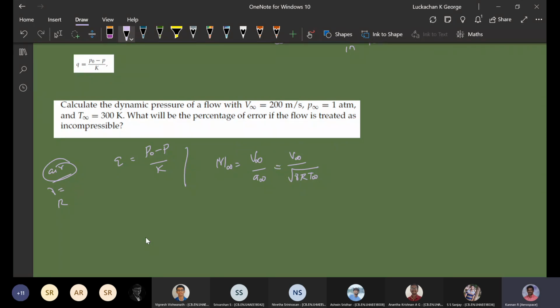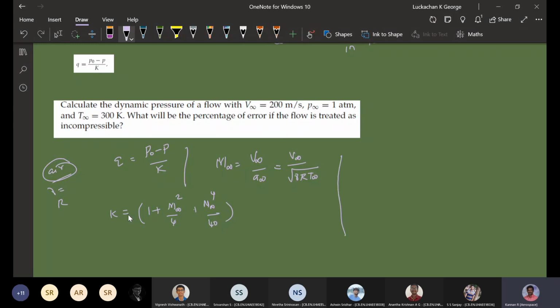If you know M infinity, you can find K: 1 plus M infinity square divided by 4 plus M infinity to the power 4 by 40. Using that, find your K value.